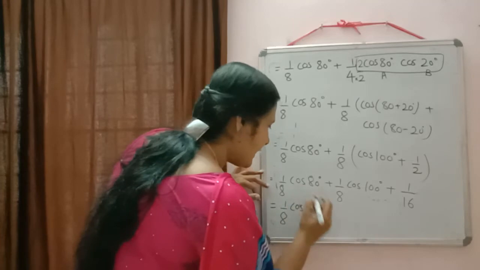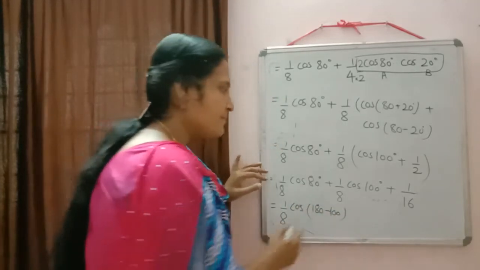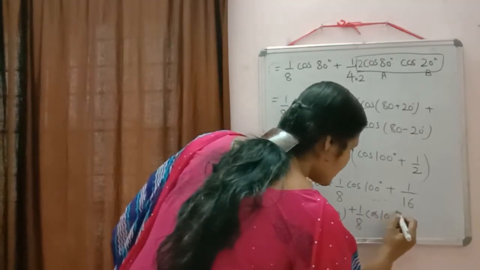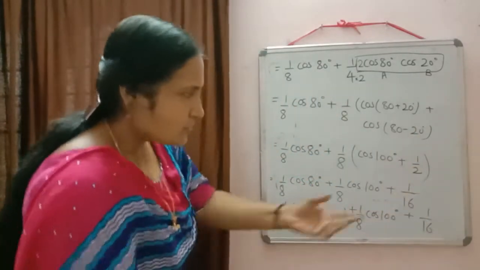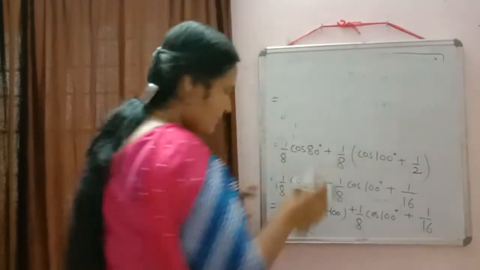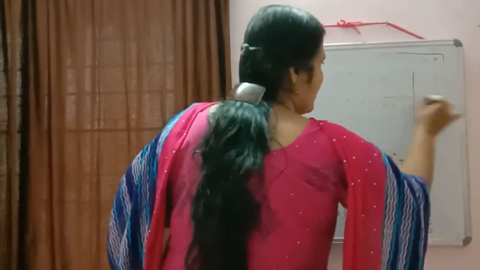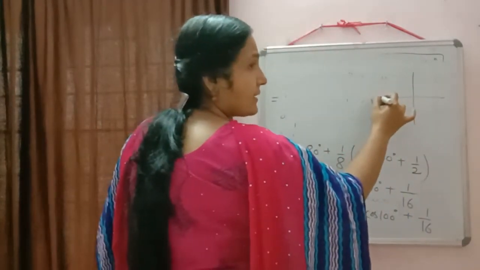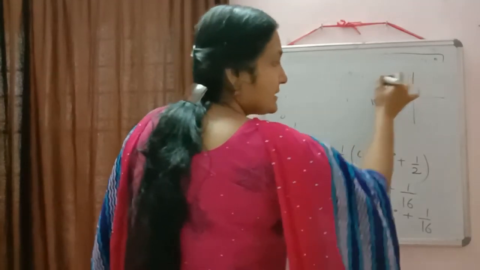Cos 80 degree can be written as cos of 180 degree minus 100 degree. This one, don't change, write down as it is: 1 by 8 into cos 100 degree plus 1 by 16. That proof we got there, so don't do anything with that. Now just to check here, 1 by 8 into cos of 180 minus 100. In 180 degree what are we doing? We are subtracting something. So if we are subtracting, where will we go? In the second quadrant.